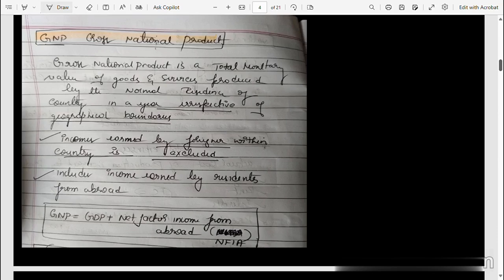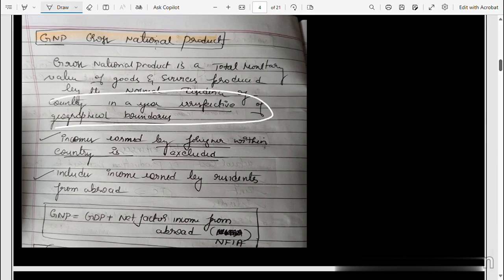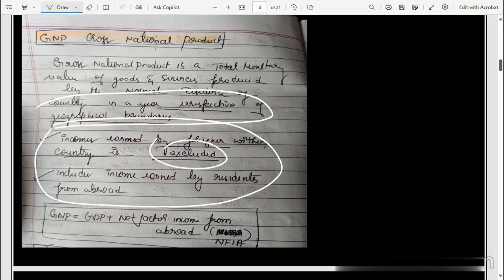So here one thing that differentiates GDP and GNP is that in GNP geographical boundaries are not considered, but in GDP we consider a geographical boundary, right?